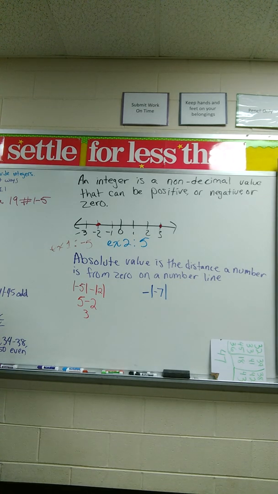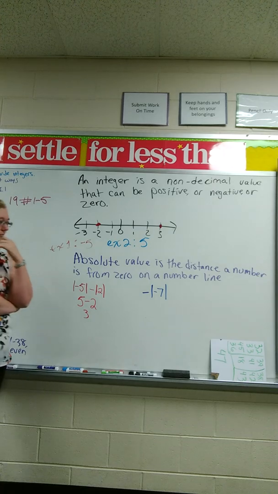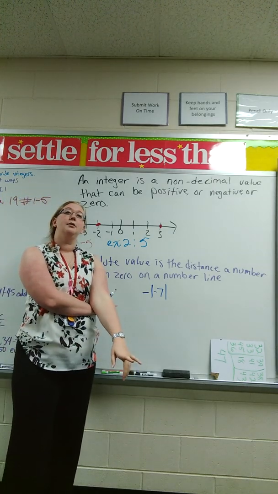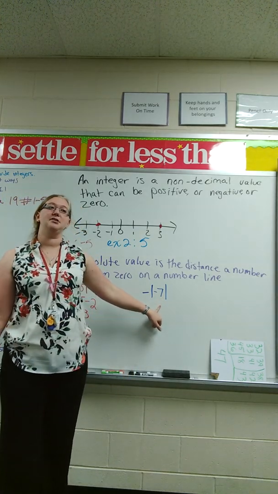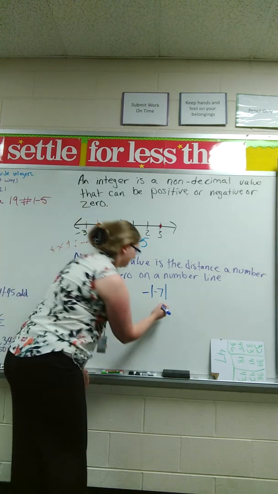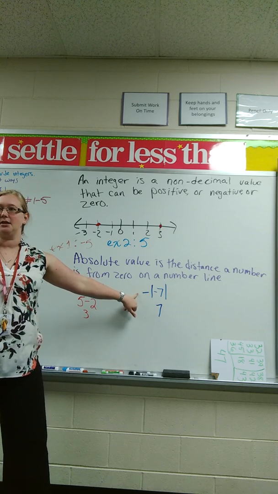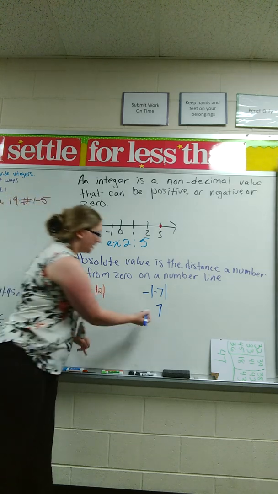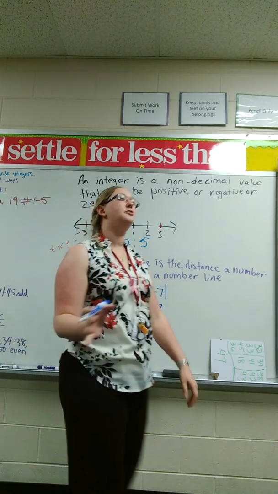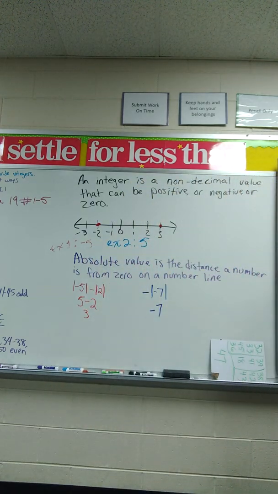Raise your hand if you think positive. Okay. The absolute value of -7 is what? 7. Can I just eliminate that negative sign? No. So then my answer would be negative 7.